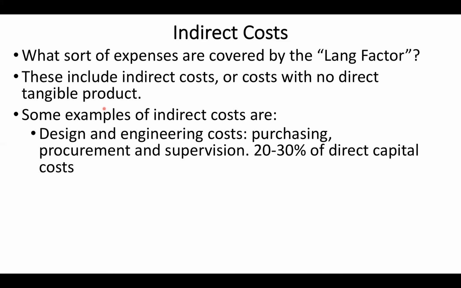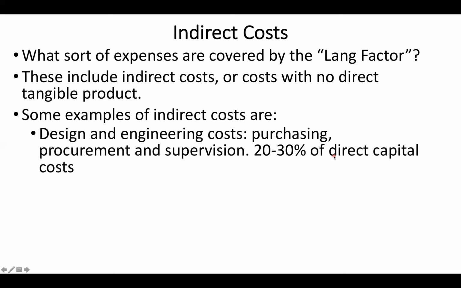So we already brought up a couple of these. First and foremost is going to be this idea of design and engineering. I have to pay a lot of people to help me design my plant. And it turns out that this can be about 20 or 30% of essentially what are going to be my tangible costs or direct capital costs.